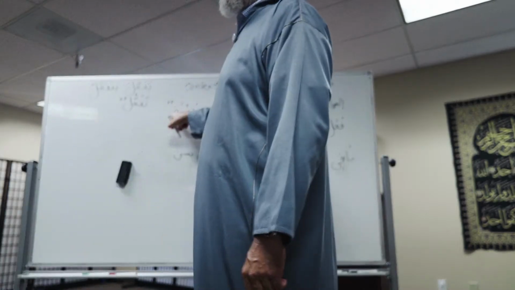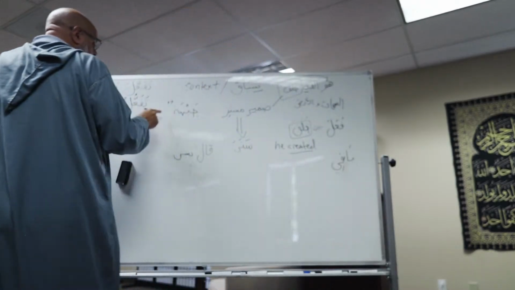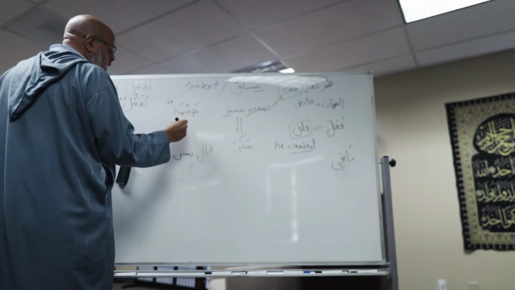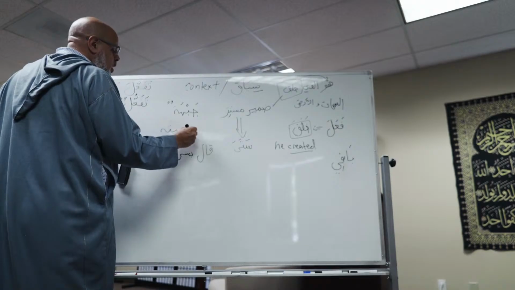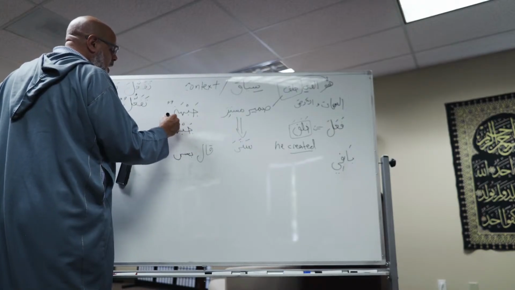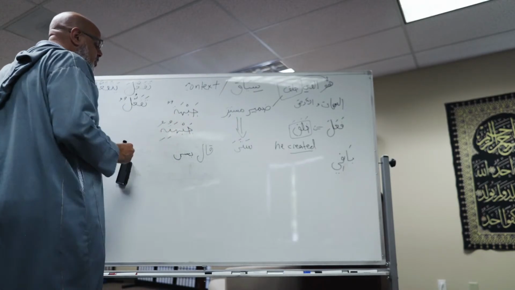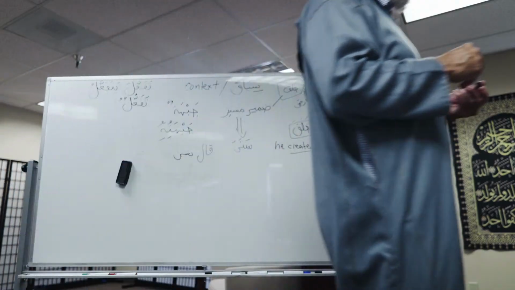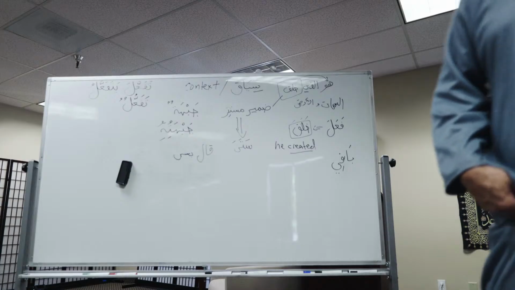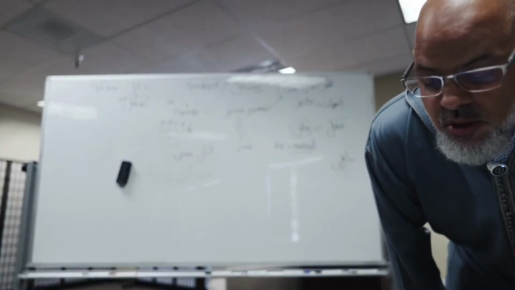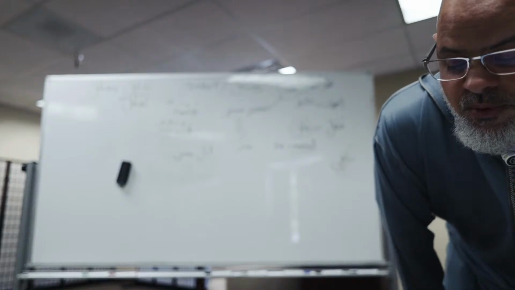So that's our ta al-marbuta. But if we want to connect it, it goes from that to looking like a regular ta. So we have jabhatuhu, or in the case of majroor, jabhatihi. جبهته.